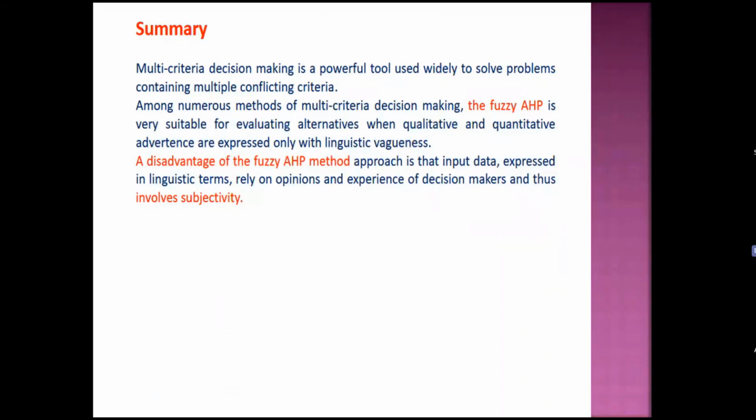In summary, multi-criteria decision making is a powerful tool used widely to solve problems containing multiple conflicting criteria. Among numerous methods of multi-criteria decision making, fuzzy AHP is very suitable for evaluating alternatives when qualitative and quantitative advantages are expressed only with linguistic vagueness.